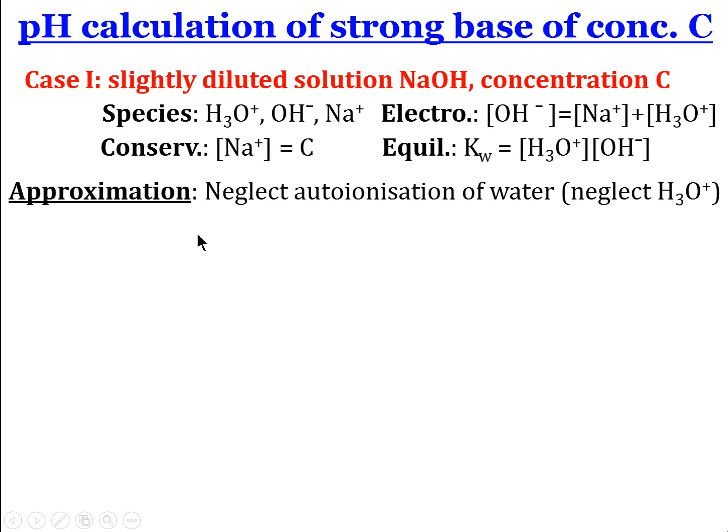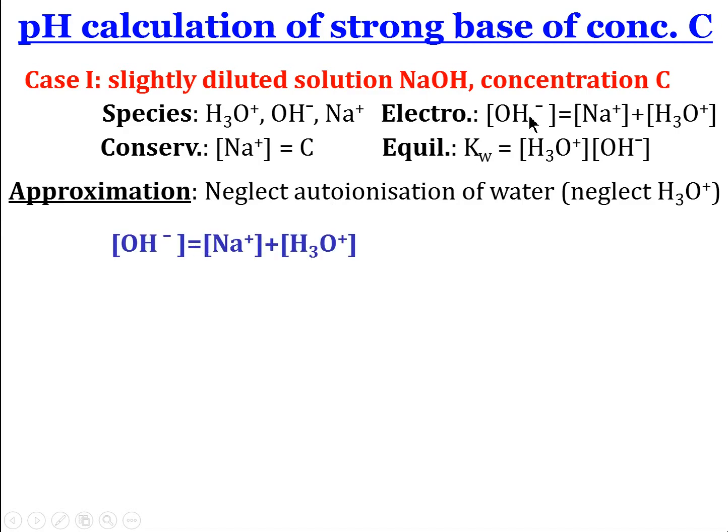By approximation, we could not neglect Na plus and OH minus in the solution, since the basic solution is slightly diluted. But we can neglect H3O plus from the autoionization of water, since the solution is basic.